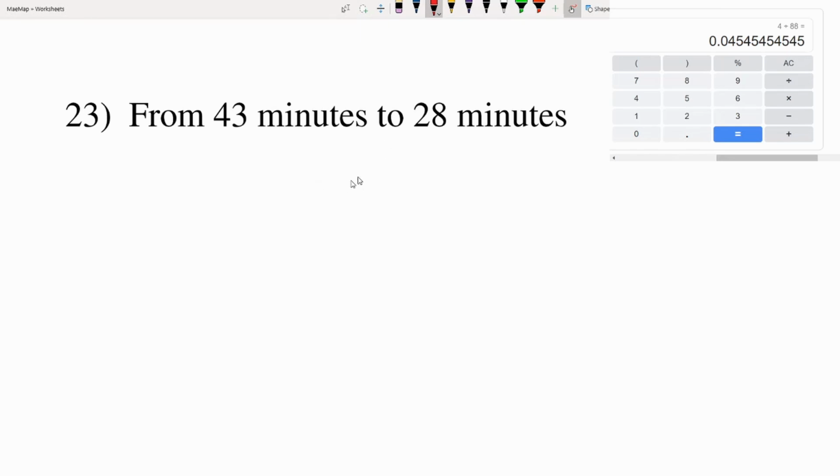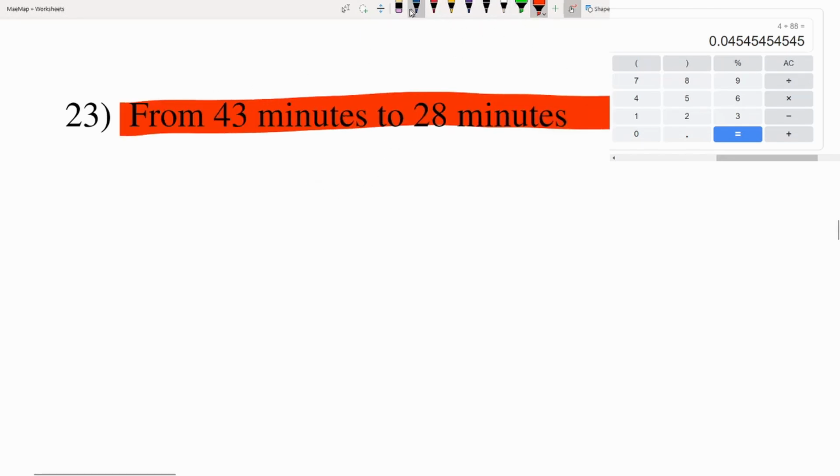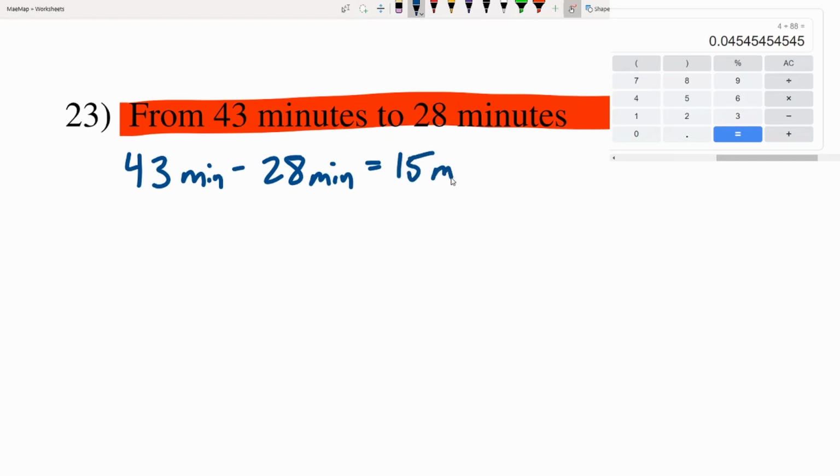So going from 43 minutes to 28 minutes, that is a decrease. So I'm going to take my 43 minutes and subtract those 28 minutes. When I do so, 43 minus 28, that will be a difference of 15 minutes. So I'll take my change over my original.